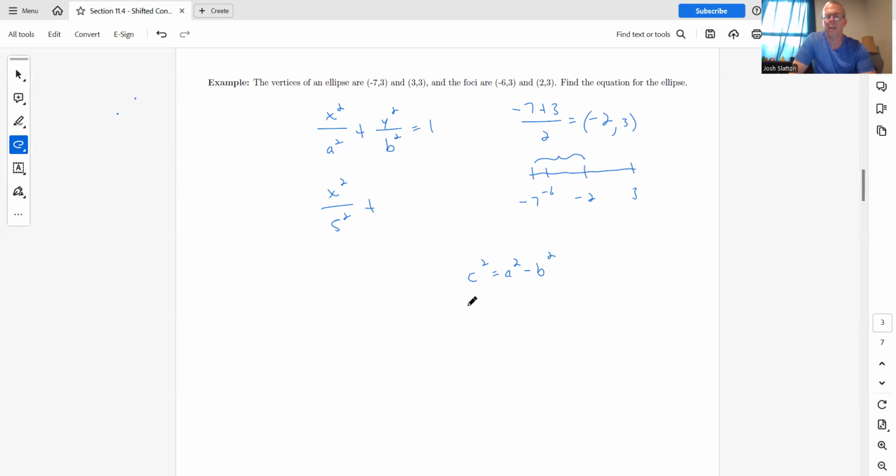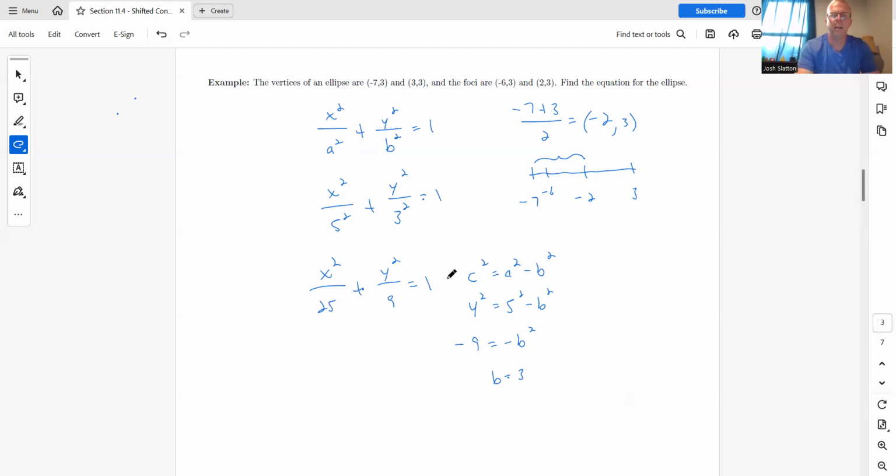We have 4 squared, because the distance from the focus point to the center is 4, equals 5 squared minus b squared. And so we get 16 minus 25, so that'd be -9 equals -b squared. So b is 3, or b squared is 9. Doesn't really matter what you write there. So we'll just write 3 squared, and so we have x squared over 25 plus y squared over 9 equals 1.